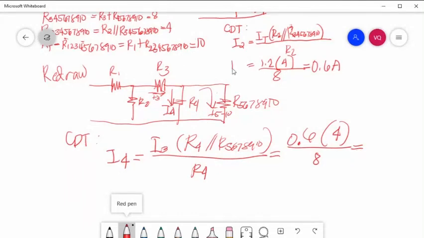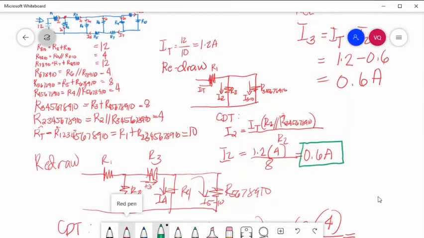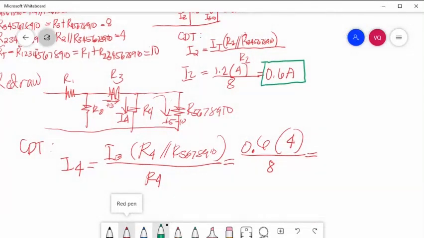This is I2. Let's put the answers in a box. Currents. 0.3 amperes.